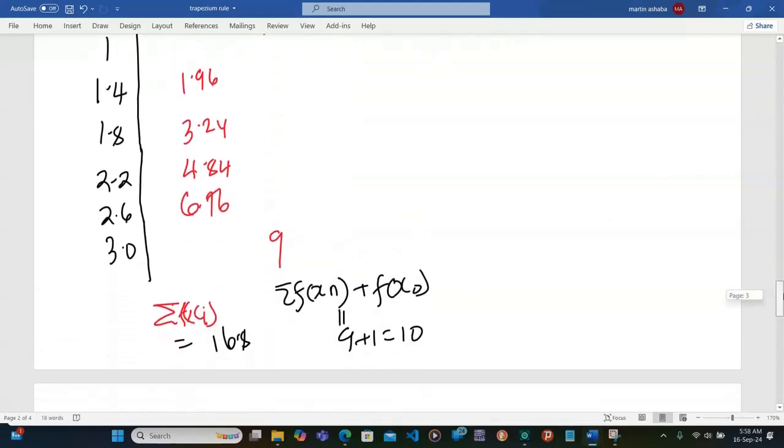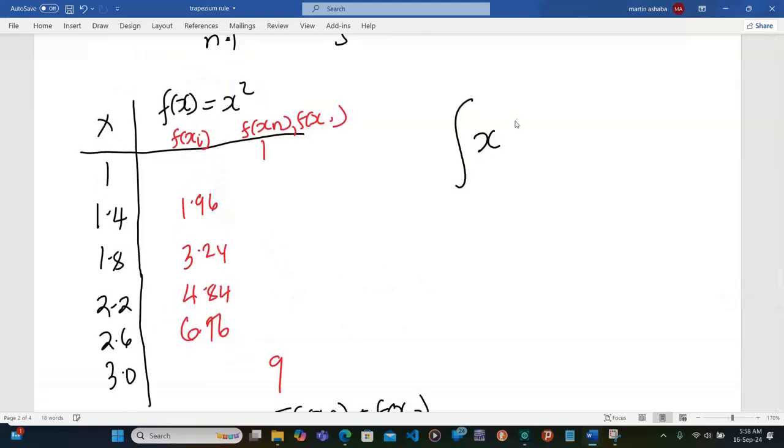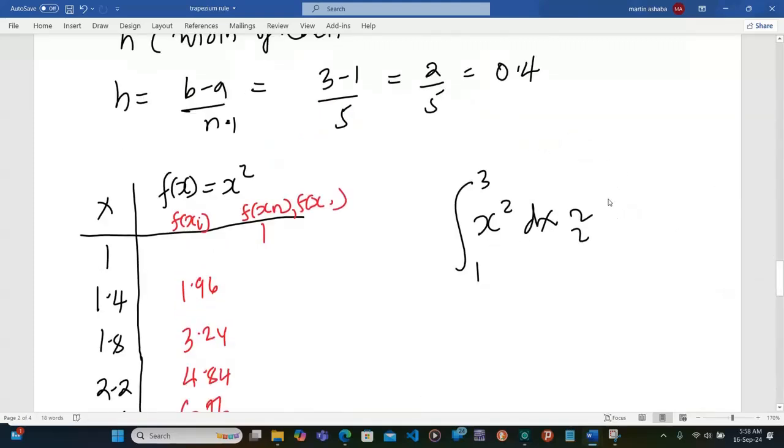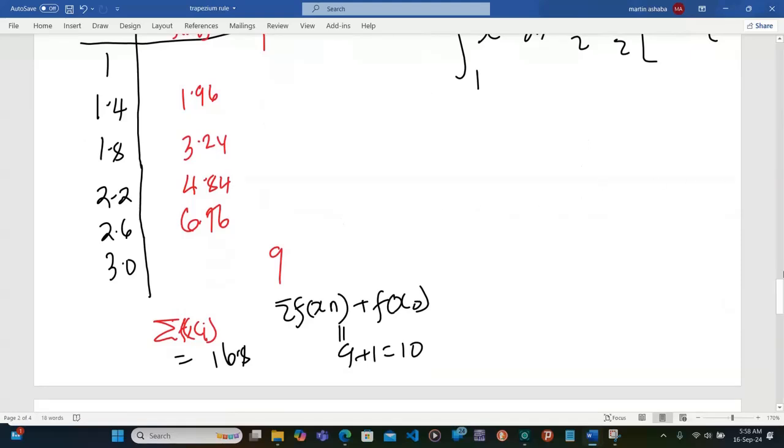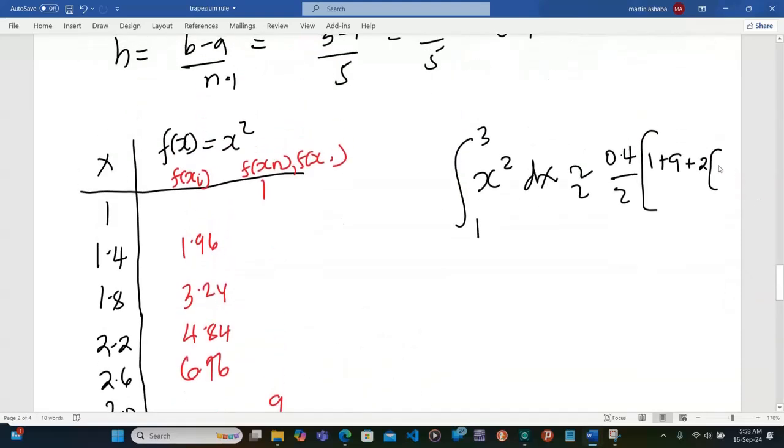So what does that tell us? That the integral of x squared from 1 to 3 approximates to 0.4 out of 2 into, we have already said we have 1 plus 9, then plus 2 into the intermediate points, which is 16.8.